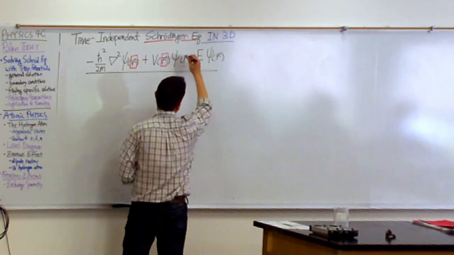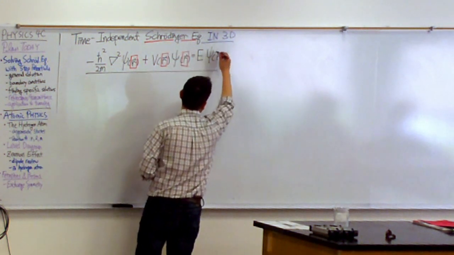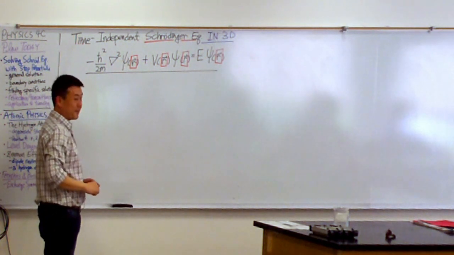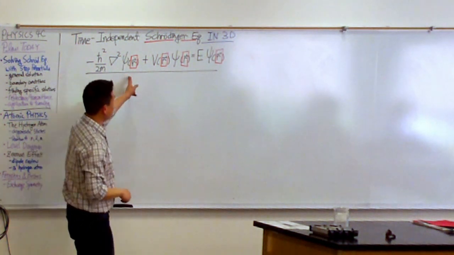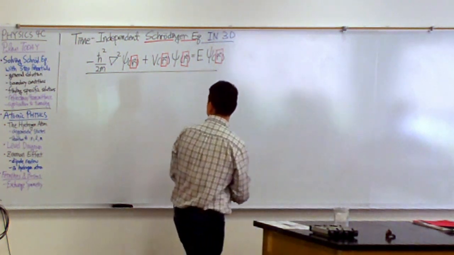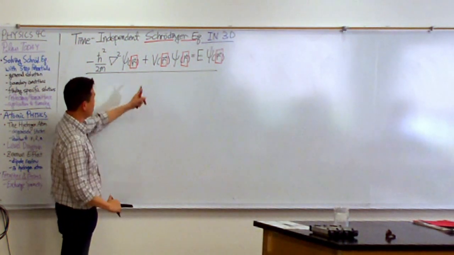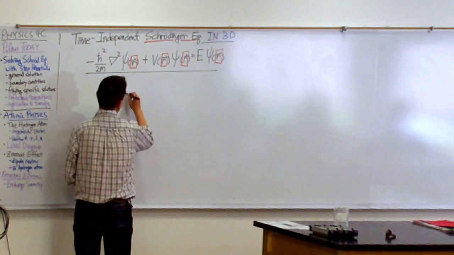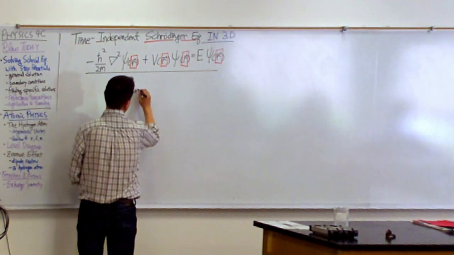So whenever you see a vector, that's your cue to check yourself. Make sure, do I understand what the notation means? Because what each of these means is that the function written there, seemingly as a function of one parameter, is actually a function of 3 parameters, x, y, z.